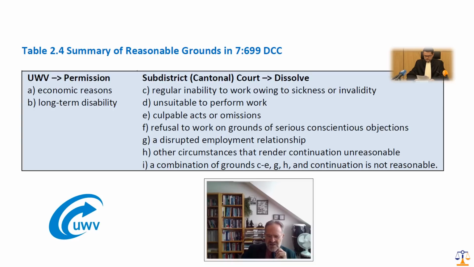What you see here are all kinds of reasons in the personal sphere of the employee, and if one of them is 100% evidenced by the employer, the court may come to the conclusion that the dissolution of the contract, the setting aside of the contract, is justified.